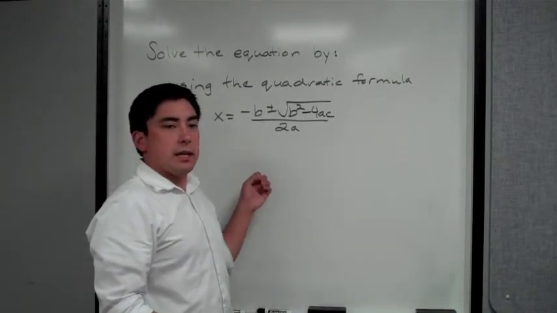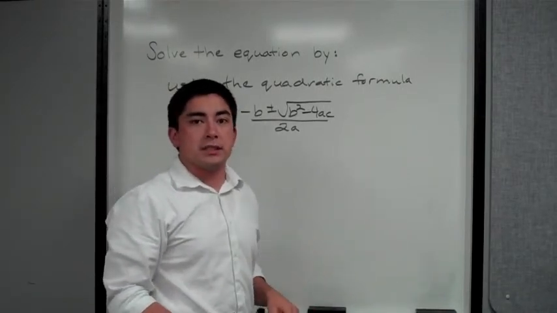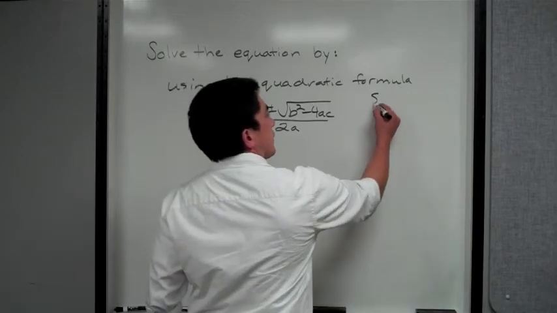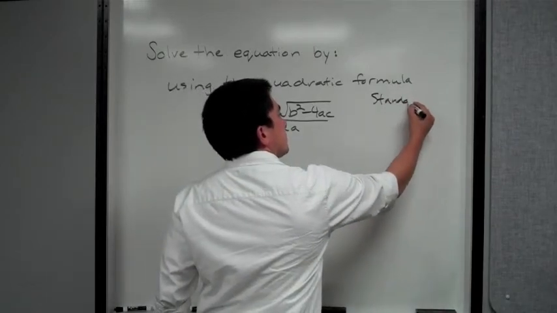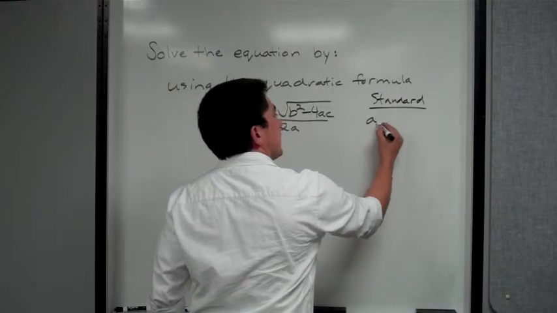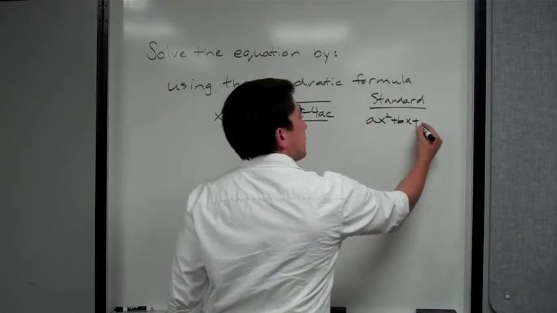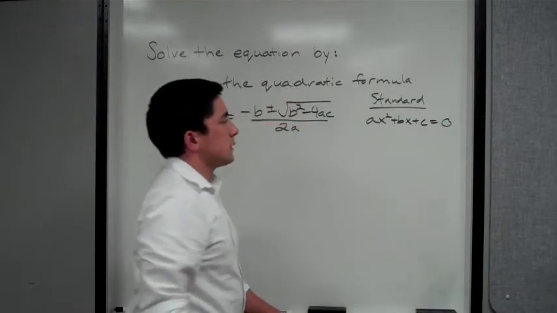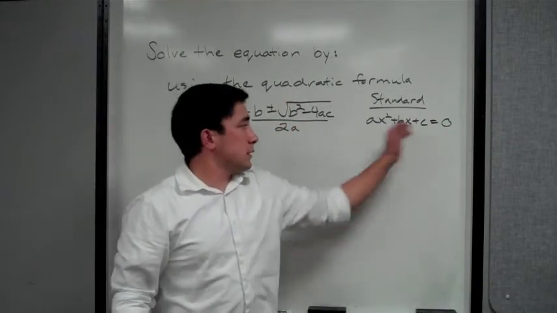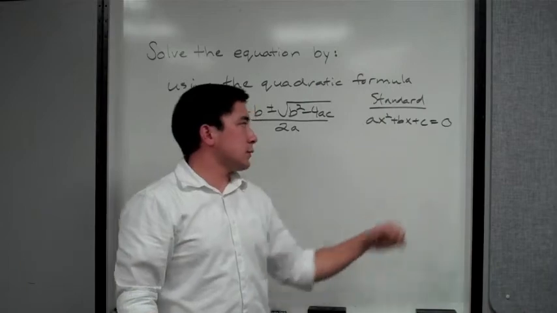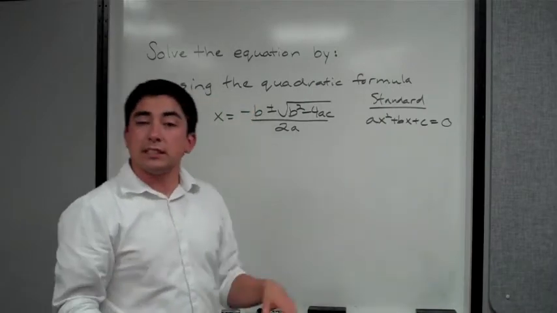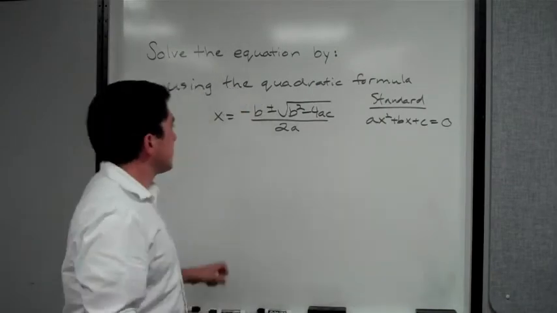Well, in order to find a, b, and c, our equation has to be in standard form, which, by the way, standard form is ax squared plus bx plus c equals 0. So basically standard form is everything's on the left side, that's equal to 0. Or vice versa. As long as everything's on one side, 0 is on the other.